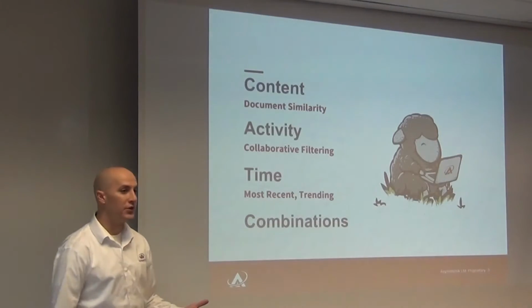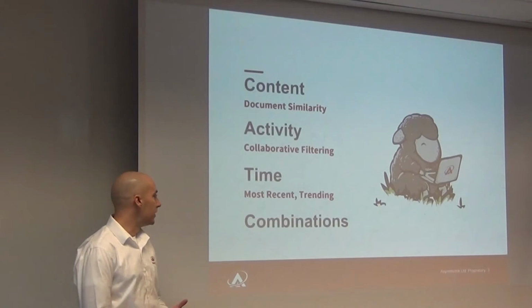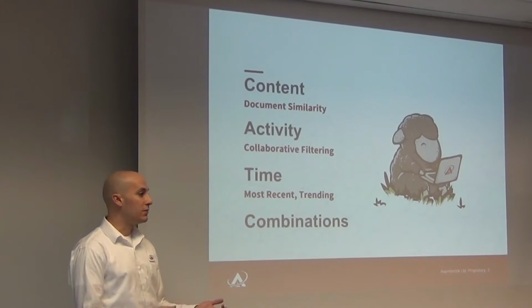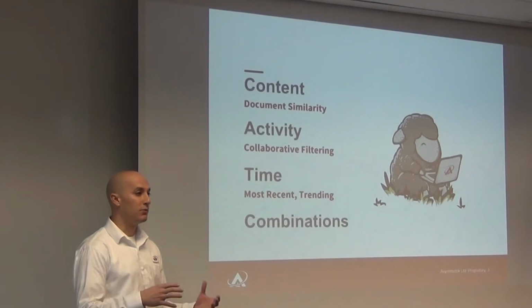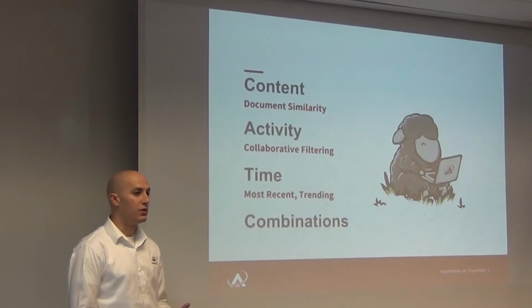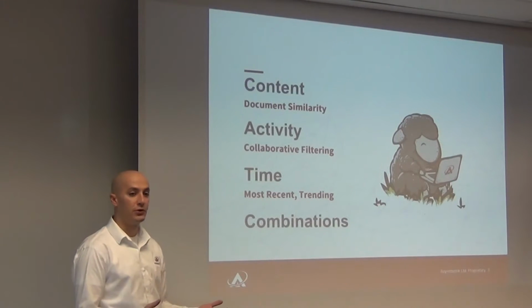So when we talk about different types of recommendations, a lot of these play interchangeably sometimes, but they complement each other really. We have content recommendations, like document similarity, where documents have a lot of the same text or concepts. Activity is what we're going to be looking at, and that's based on collaborative filtering.